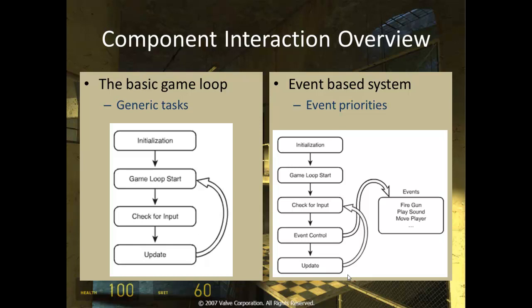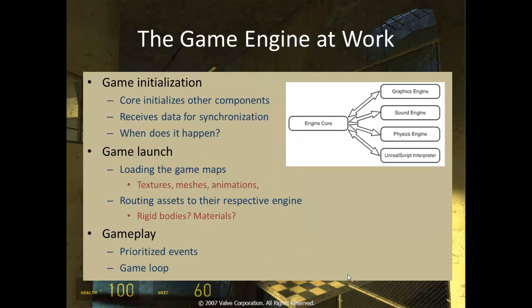The update process will happen, and then the loop restarts, and the same process goes through. But if some particular sound engine doesn't need to be triggered, the event control will not happen, so that would not be taken care of, because nothing needs to be taken care of, and so your game loop runs more efficiently. And this event-based system, after its introduction within the Unreal Engine, is now pretty much taking place in almost all the other engines that are out there.